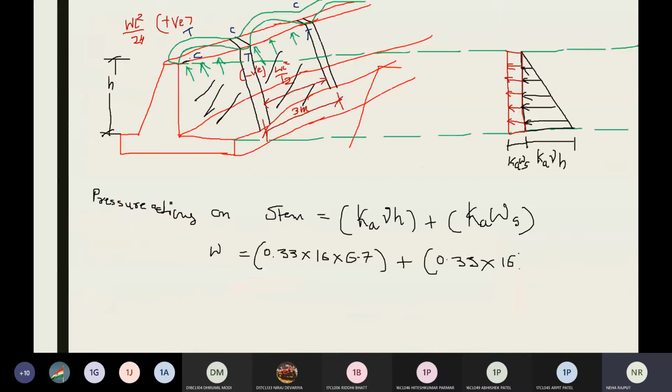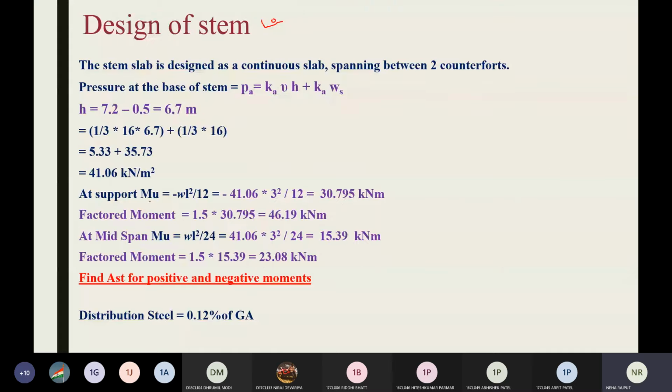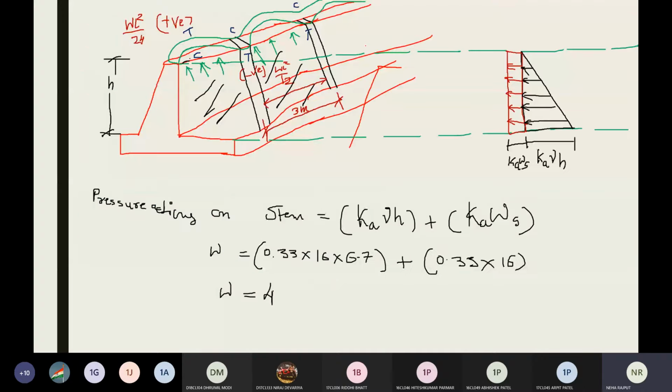If you calculate this term, then your W will be 41.06 kilonewton per meter square. So I am having the pressure, or in terms of load, acting on the stem part.